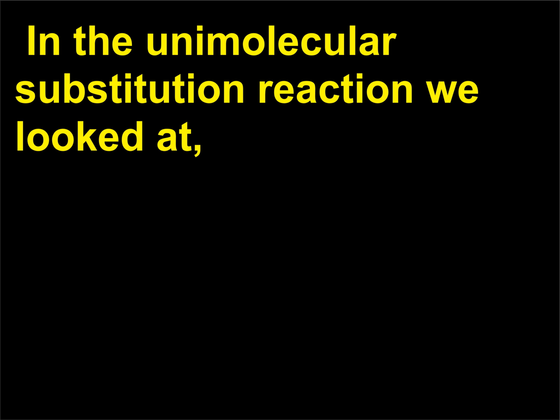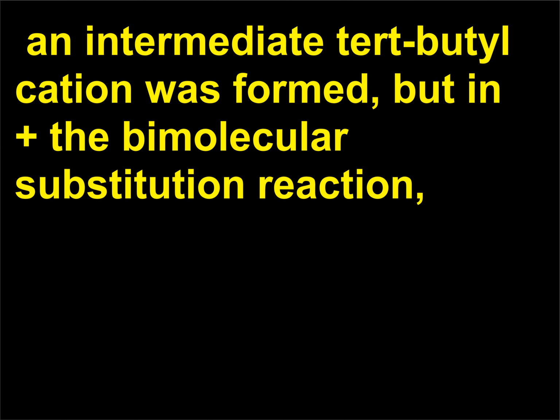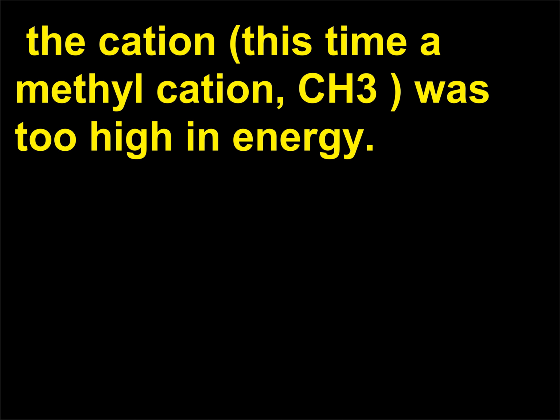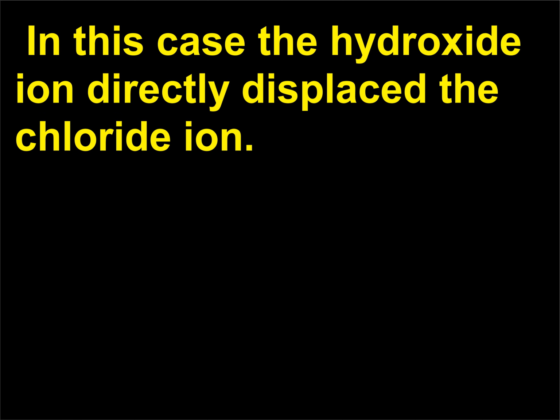In the unimolecular substitution reaction we looked at, an intermediate tert-butyl cation was formed, but in the bimolecular substitution reaction, the cation, this time a methyl cation, CH3+, was too high in energy. In this case the hydroxide ion directly displaced the chloride ion.